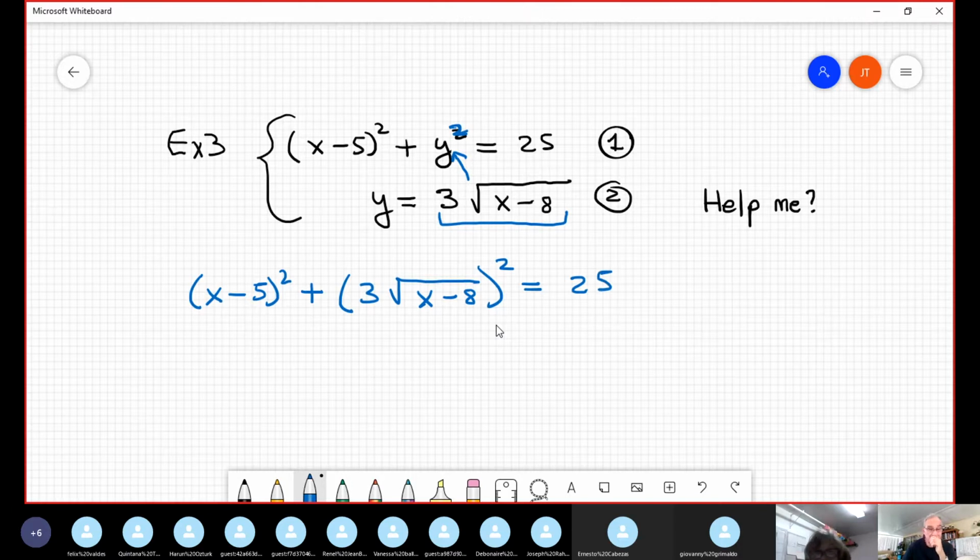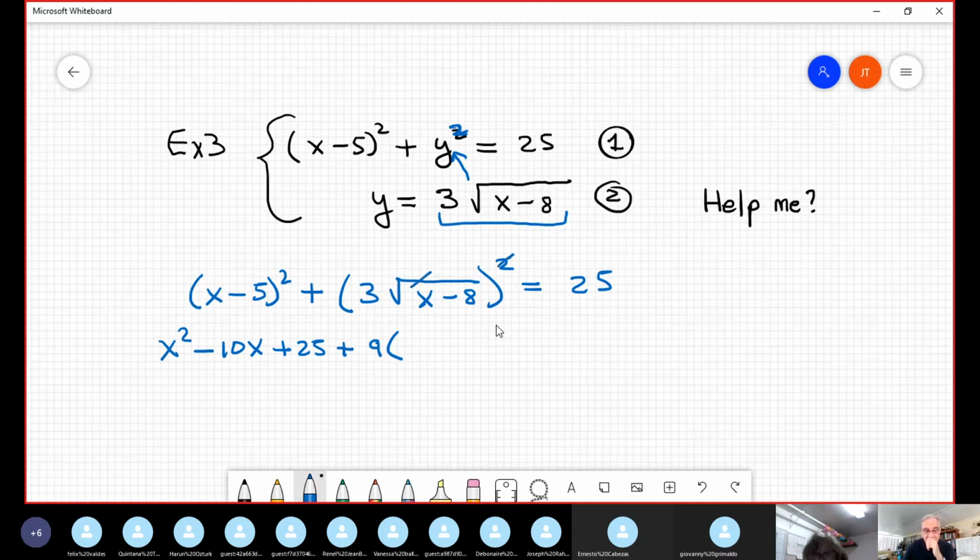Okay, you expand the binomial part, it is x squared minus 10x, I suppose, and plus 25. And the second part is not a binomial, it's a monomial. Entonces 3 squared which is 9, parentheses, and a square root and a square cancel.